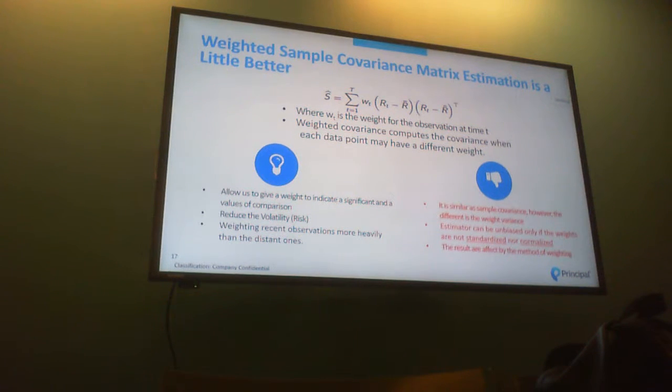And the bad thing is that it's similar to the sample covariance matrix, however the difference is that it has the weighted variance. Another bad thing is that the estimator could be unbiased only if the weights are not standardized or normalized. And the final is that the results are affected by the method of weighting.